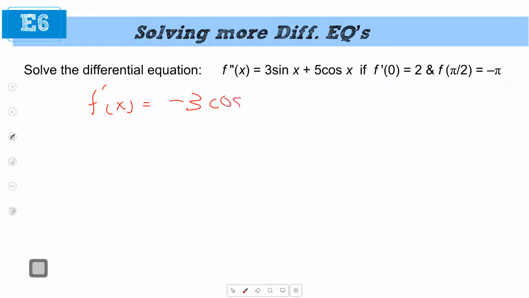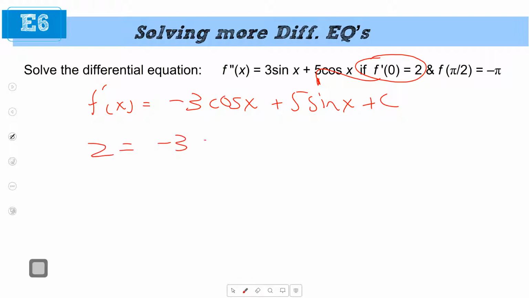Negative 3 cosine x plus 5 sine x plus c. And then plug in 0 for everything. That would be equal to 2. Cosine would be 1, so 2 equals negative 3 cosine of 0, which is 1, plus 5 sine of 0 plus c.